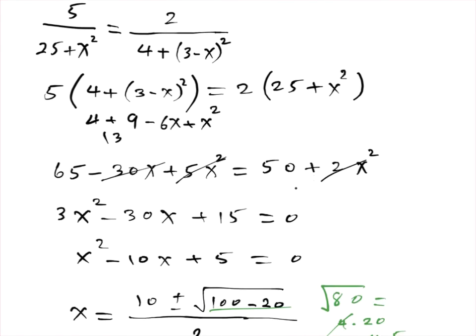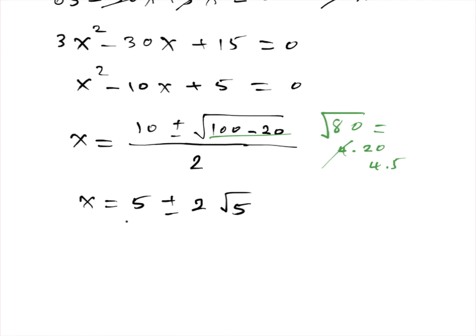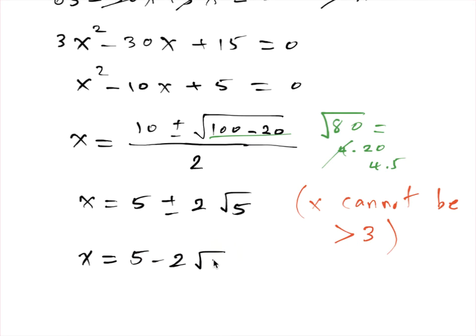But here we have that, so let's make a note of that. x cannot be greater than 3. So if x cannot be greater than 3, x has to equal 5 minus 2 square root of 5.